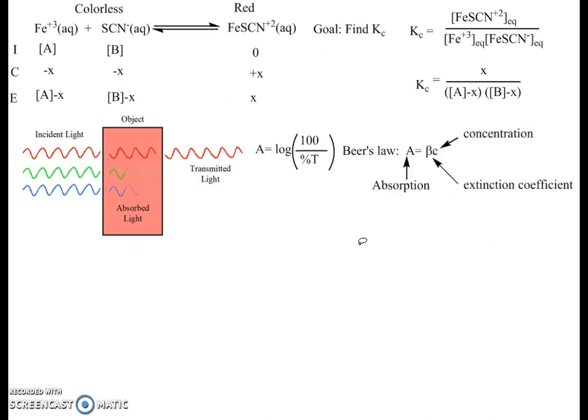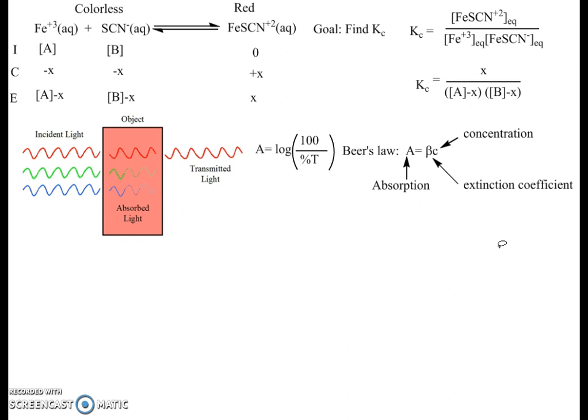This relationship is called Beer's law, and it says that the absorption, the absorbed light, is directly related to the concentration of the sample and something called the extinction coefficient. That's a constant that determines how effectively our sample absorbs light.